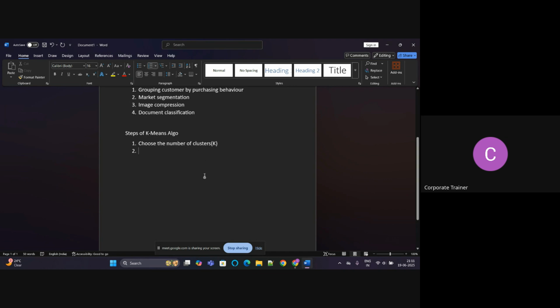Next, you have to initialize the K centroids randomly. We'll discuss what a centroid is and how you can initialize it.